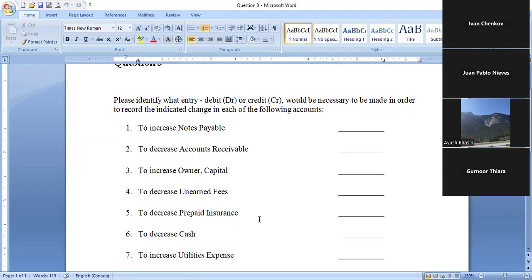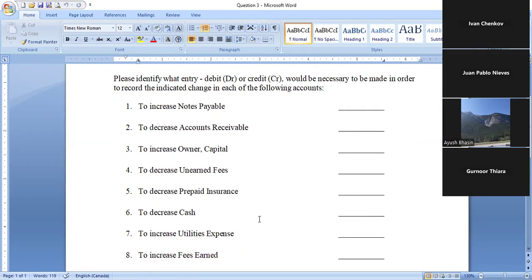Utility expense. Since it's an expense, debit side. Yes, that's correct. Fee earned. Careful.